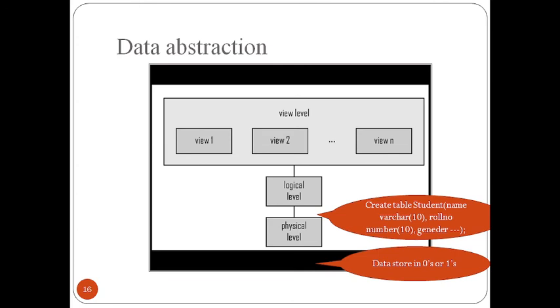That is called the logical level. Here the query languages come into the picture at the logical level. Then at the last, the view level. Actually data is stored in the zeros and ones format. How to take that data, those queries are written at the logical level, and how to represent that data to the user is given in the view level.